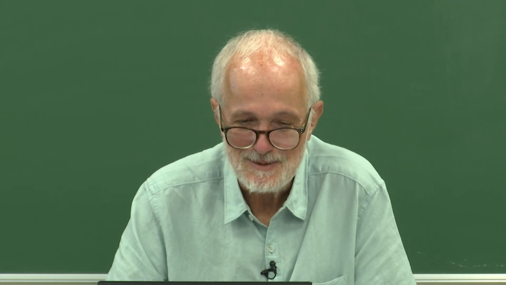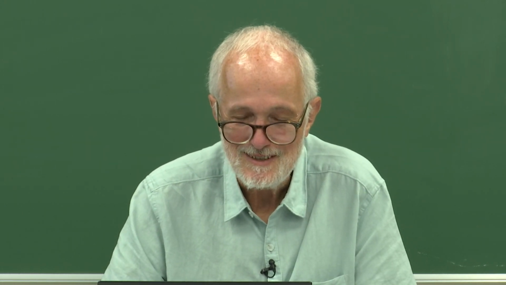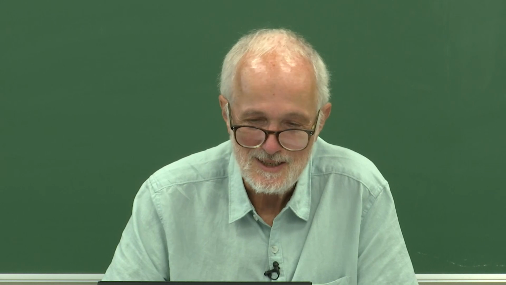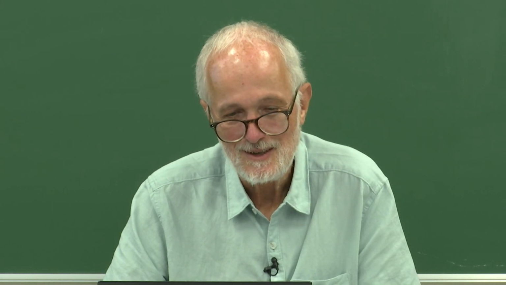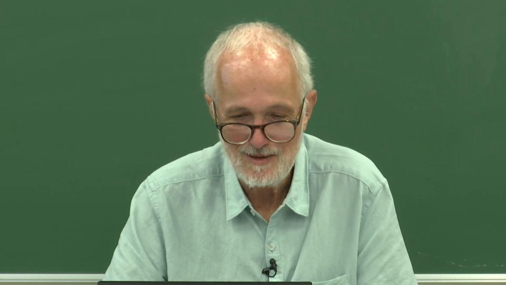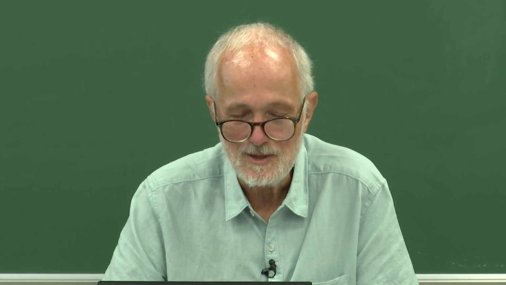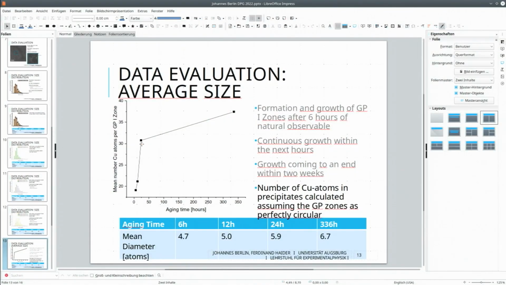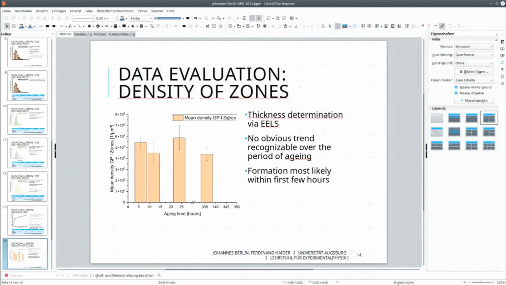And here, this was what I wanted to show. This is this more or less arresting of the growth. There are not so many data points here, but in the beginning the average size increases very fast, and then it stops more or less. I think there is a similar graph for the average density.